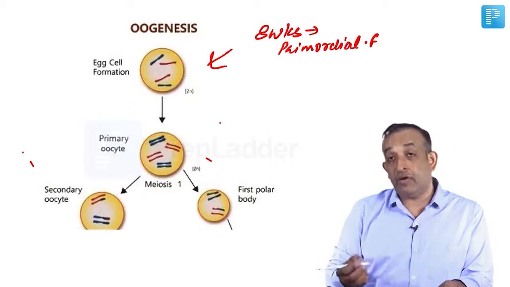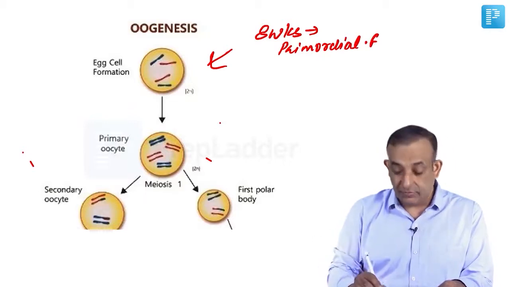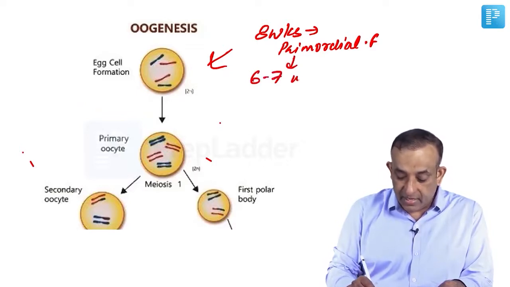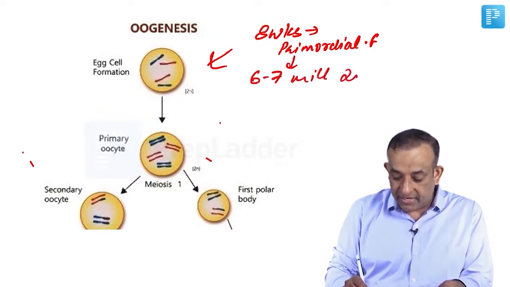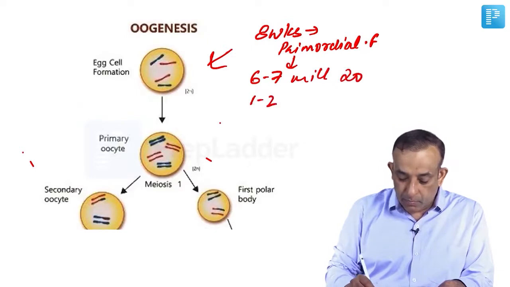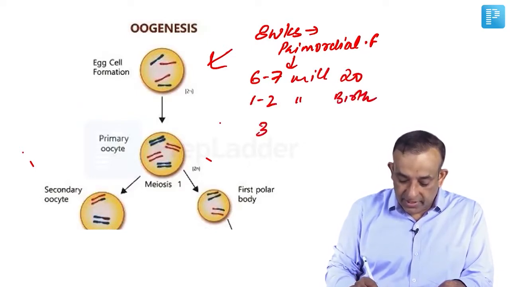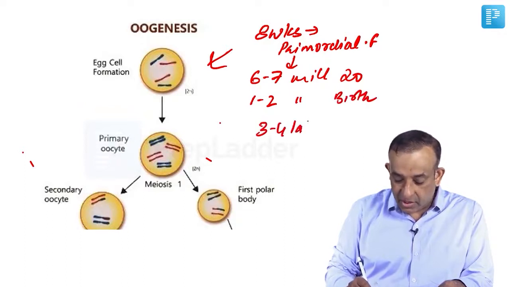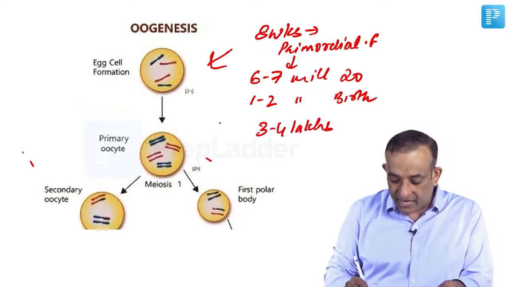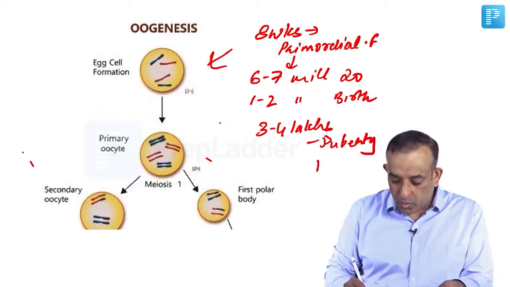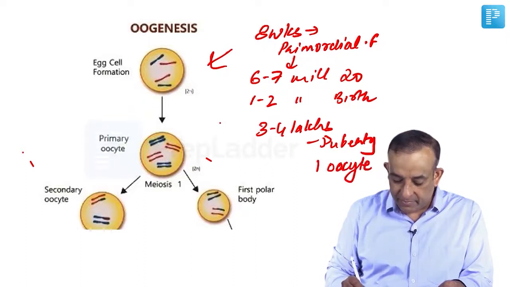These primordial follicles reach up to 6 to 7 million at 20 weeks and 1 to 2 million at birth, and around 3 to 4 lakhs only are remaining at puberty. And from puberty onwards, 1 oocyte, 1 egg, is released every month.